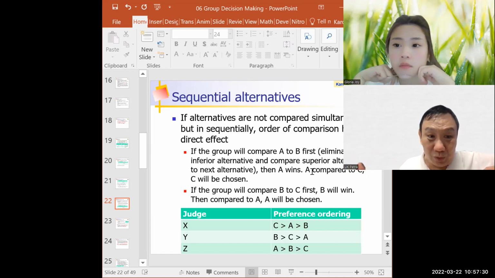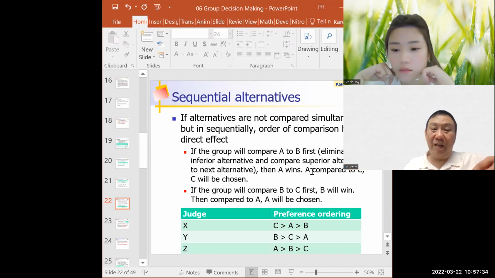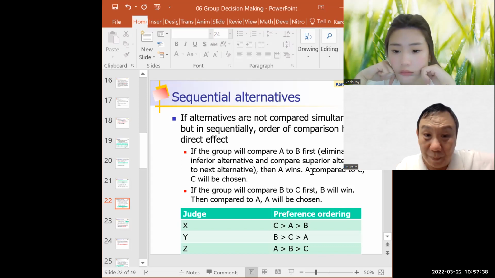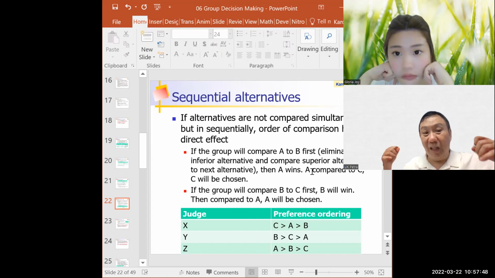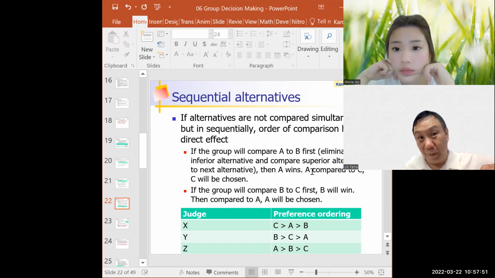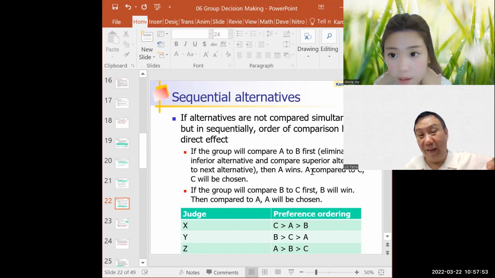So A compared to C, then C will be chosen. Then if the group will compare B to C first, B will win, then we compare to A, and A will be chosen. Can you see that? So the sequence matters, the way you compare.